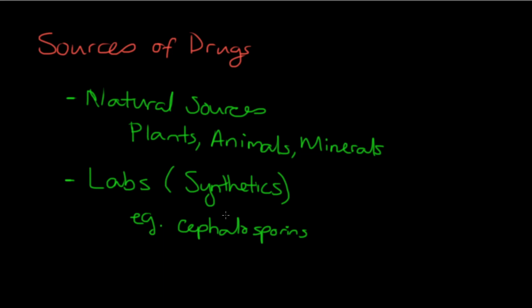And with this, you have to remember that the reason it's better, so I'm going to put a star beside this, the reason it's better is purity. So you make sure that drugs are pure, so there's no contaminants.